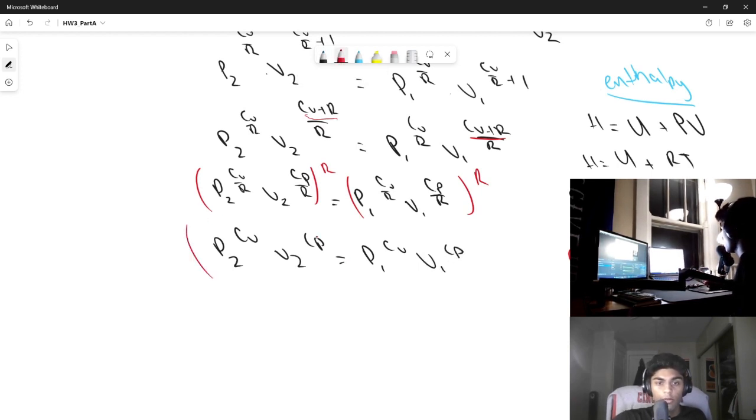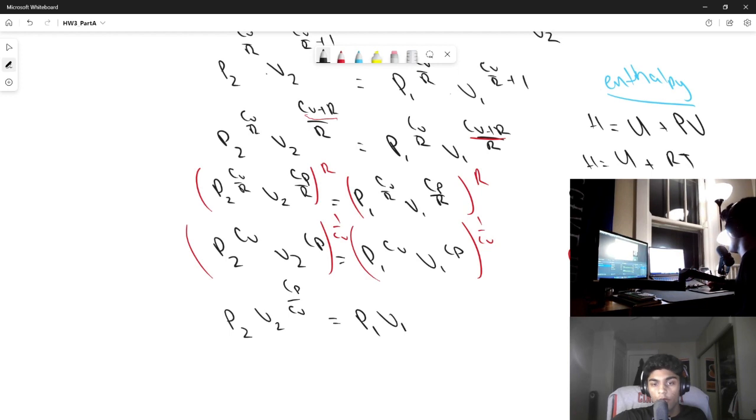And then from here, we're going to put everything to the 1 over Cv power just to get rid of the Cv on the pressure. So now we just have P2 V2 to the Cp over Cv is equal to P1 V1 to the Cp over Cv.